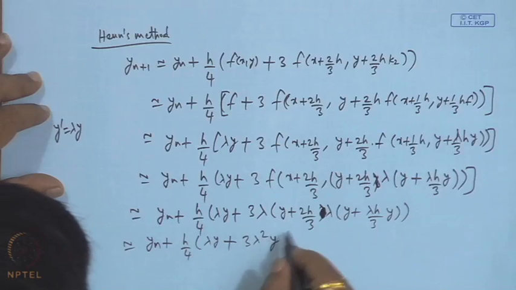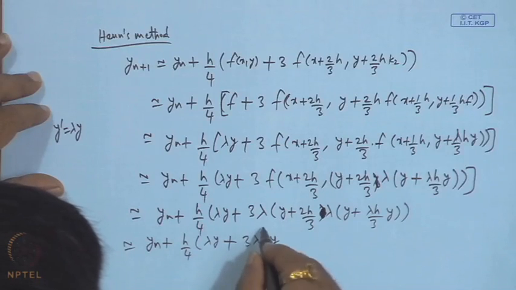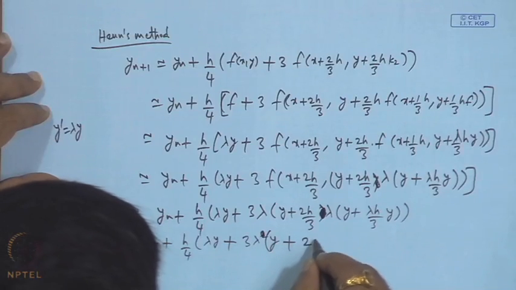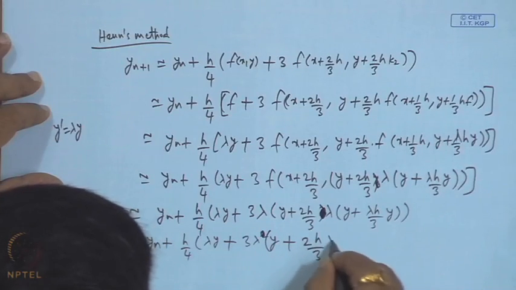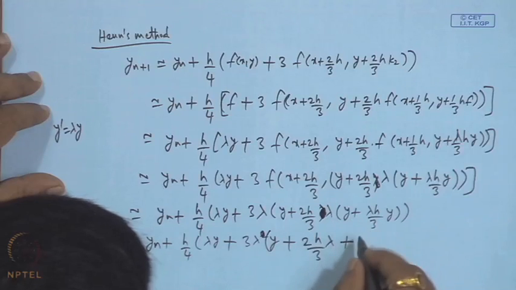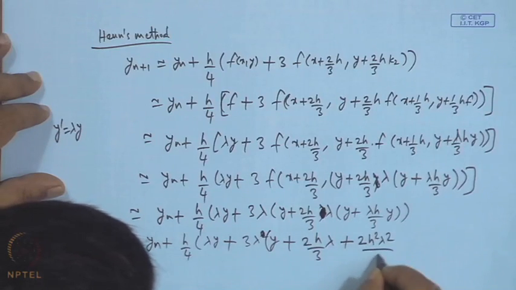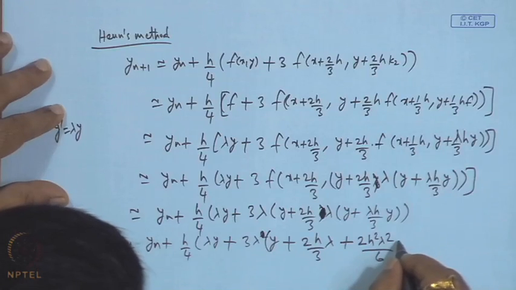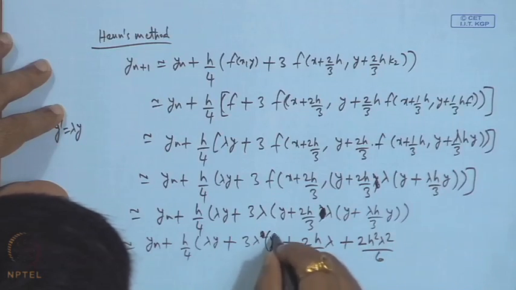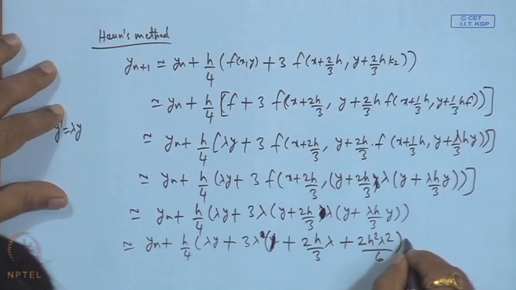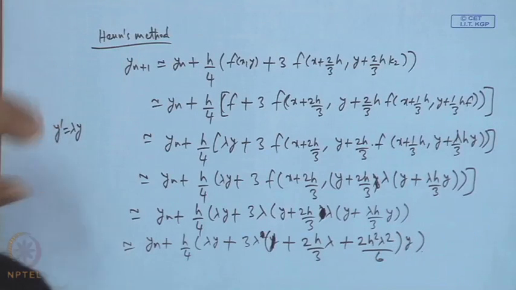So, lambda y plus 3 lambda y plus 2 h by 3 lambda plus 2 h square lambda square by 6, okay, and this is 1 y.